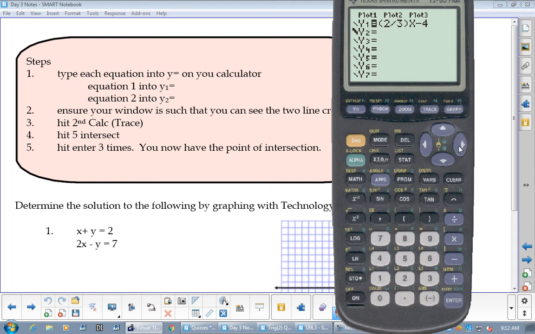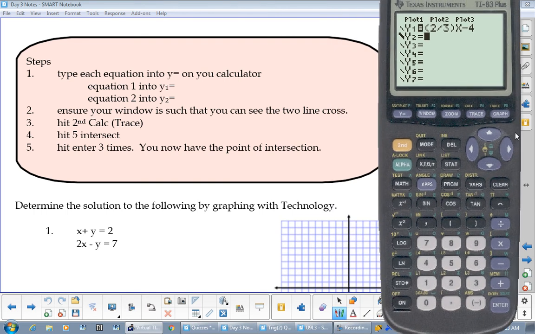Now, the big thing is, I always hit zoom 6 next, so that you can see the two lines cross.